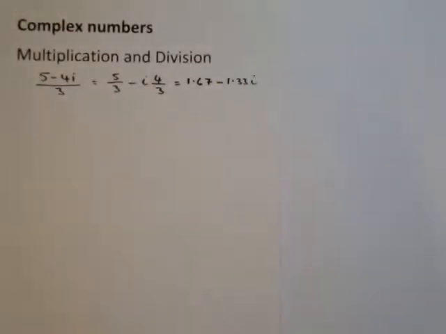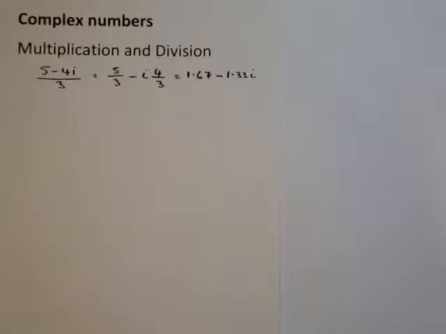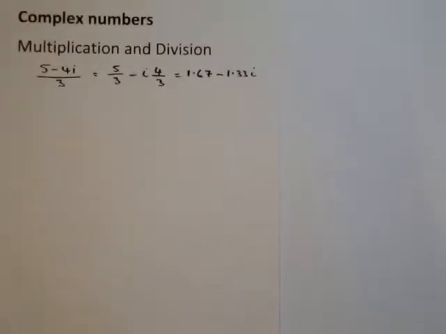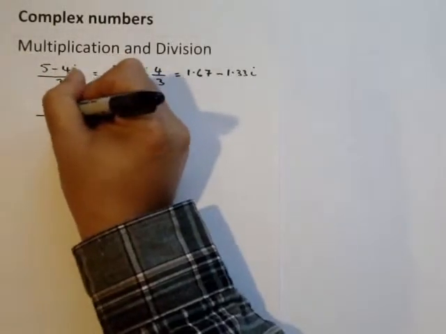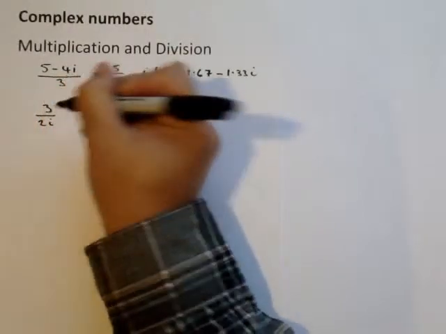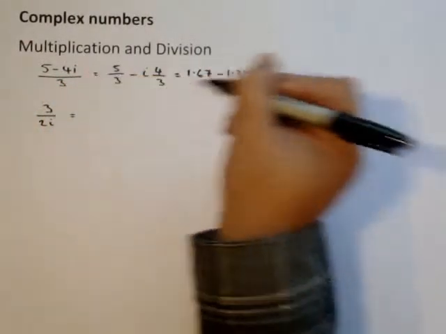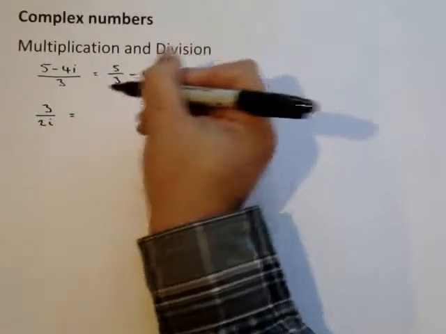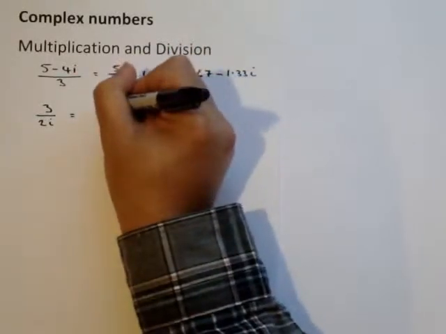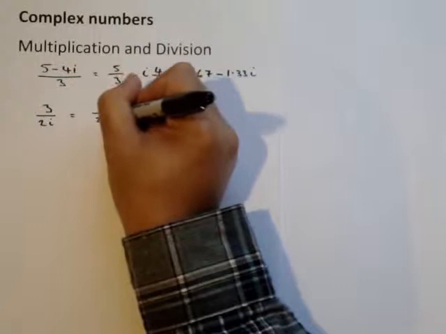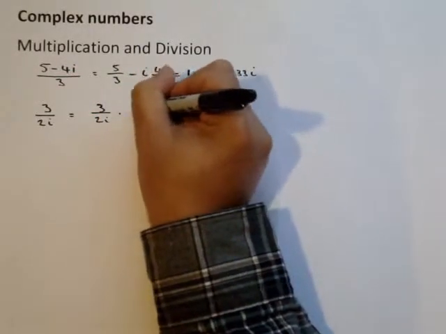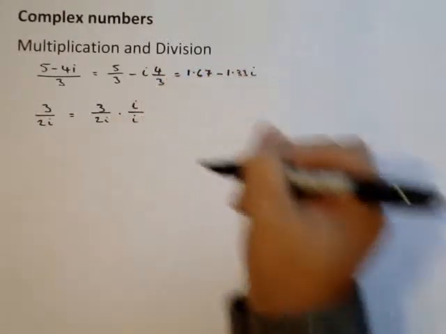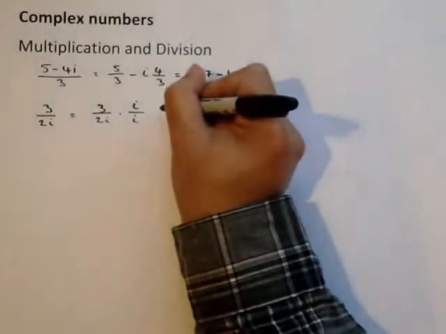What about dividing a real number by a complex number? So if we had 3 divided by 2i, we do 3 divided by 2i, and then we multiply by i over i, which is essentially multiplying by 1.